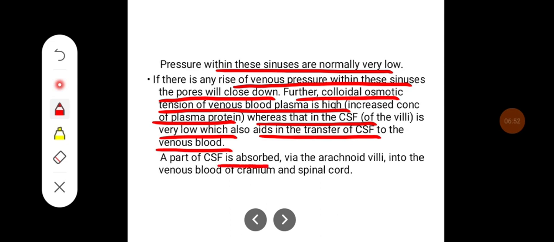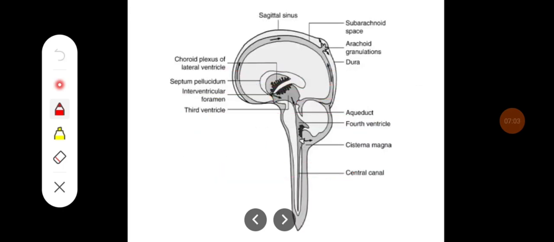A part of CSF is absorbed via the arachnoid villi into the venous blood of the cranium and the spinal cord. So this is how the CSF is produced in the lateral ventricle and also in the third ventricle.